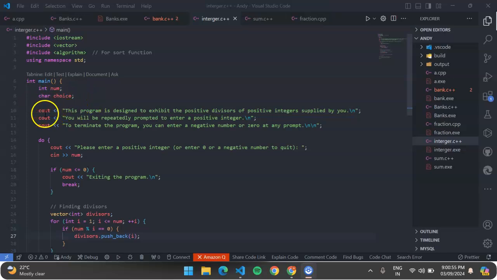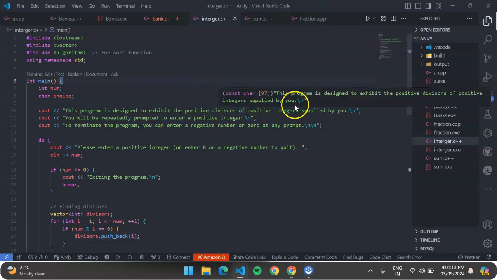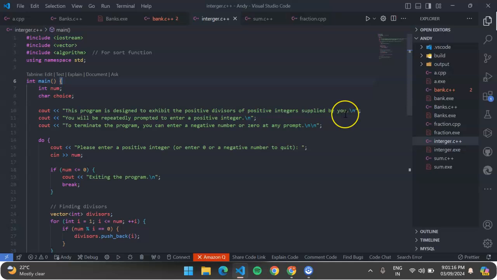From the data being given, the program is designed to exhibit positive divisors of positive integers supplied by the user, meaning the program is to allow only positive integers.